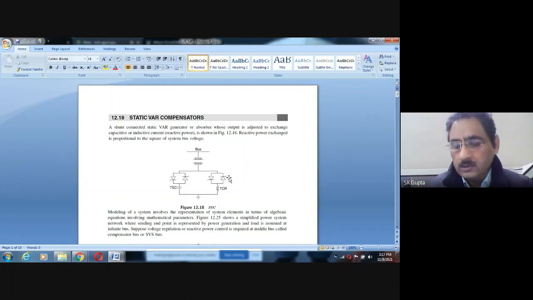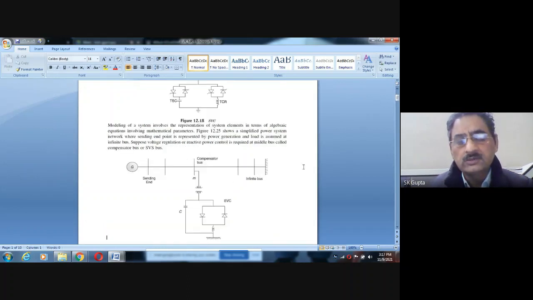Later on we will show you, it is like this. Say here a load is connected. If the load is lagging in nature and the compensator is taking leading current, net compensation will be done. Otherwise, if it is not there and it is a lagging load, there will be a drop I into X in the transmission line.